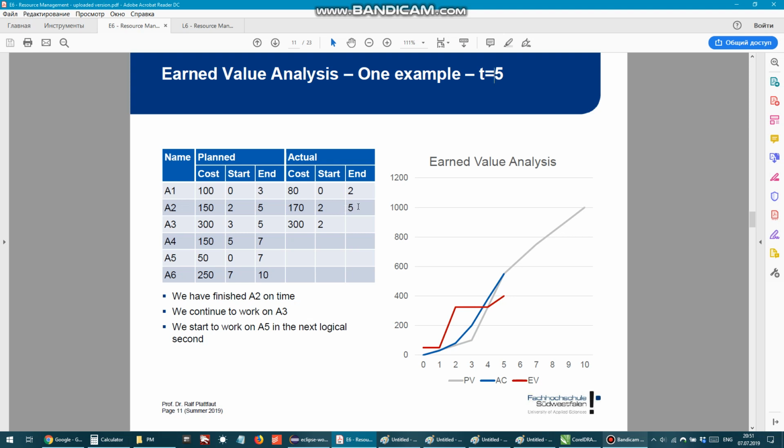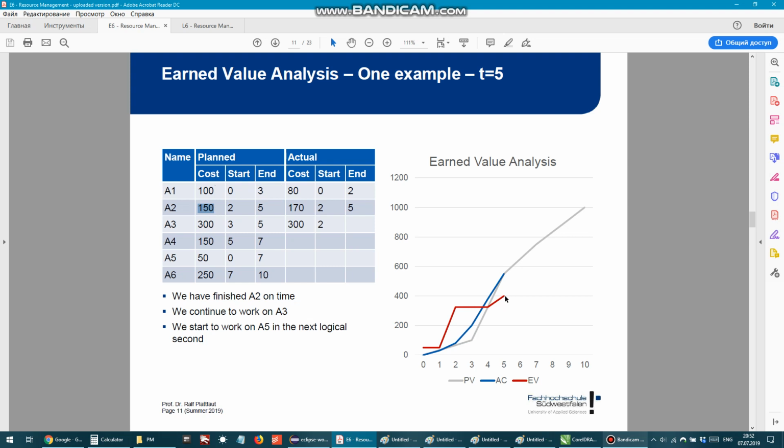At day 5, we see that we have finished this work, which means the rest 50% of this 150 will add up to our earned value. Our earned value was 325.